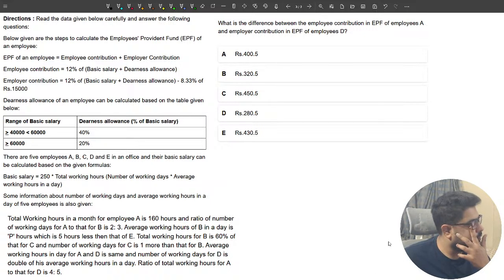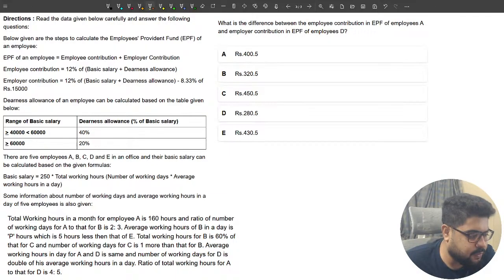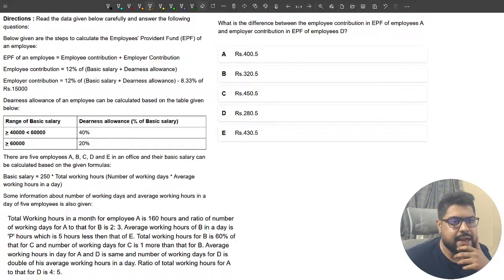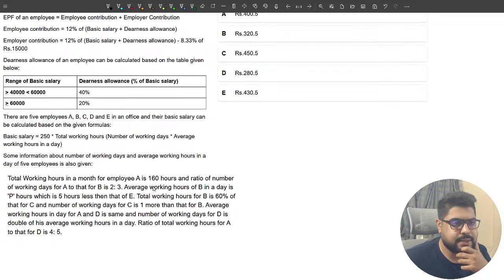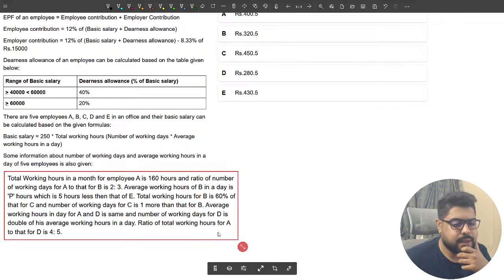Caselet type set, very important set actually. Very good set. Sir, below given are the steps to calculate employee EPF, Provident Fund. Increase, like which one I should increase, Venkat? Tell me now, brother. This one.